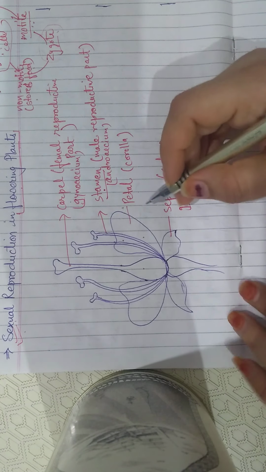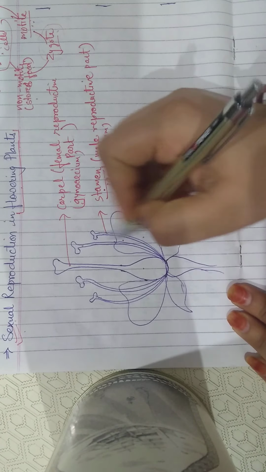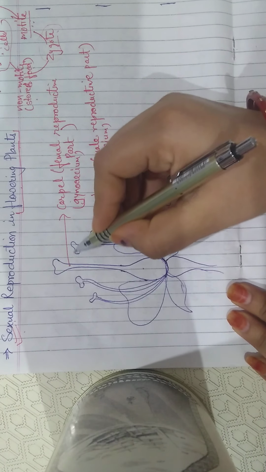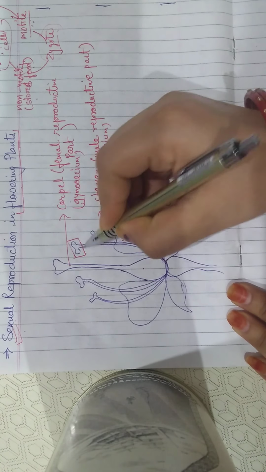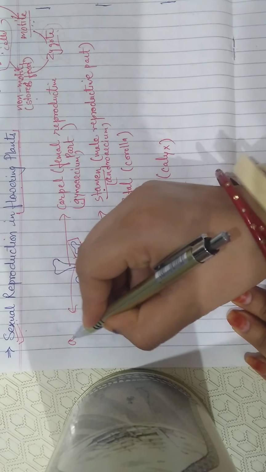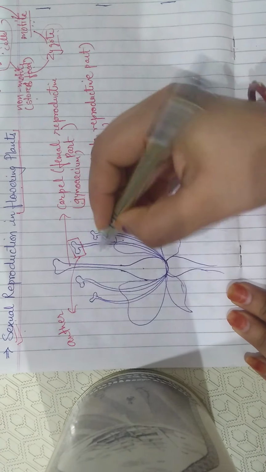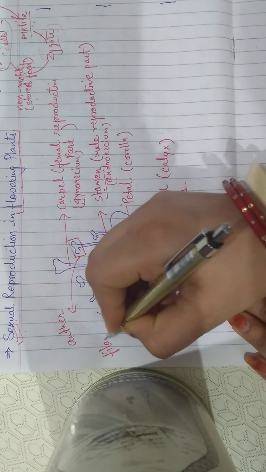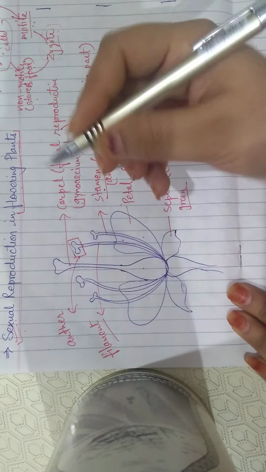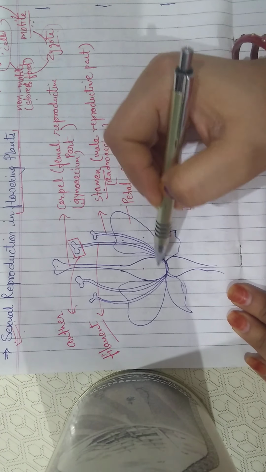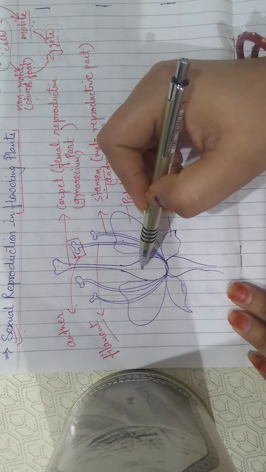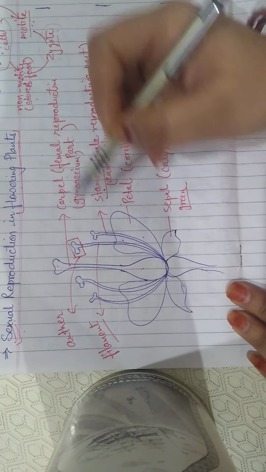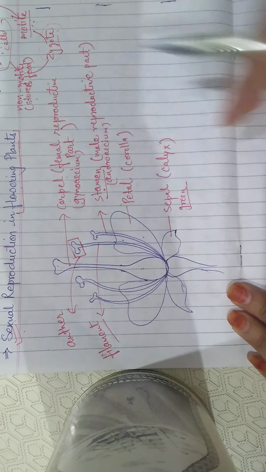Okay, now this stamen is composed of two parts. This knob-like structure is known as the anther, and the stick is filament. Similarly, the inner part, the female reproductive part, which is known as carpel, also has three parts.